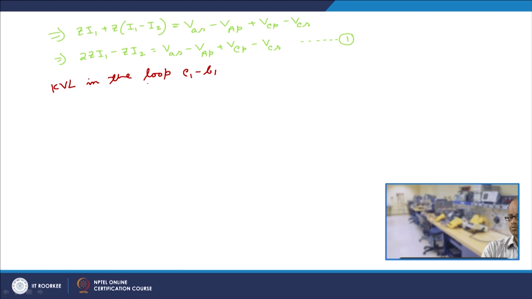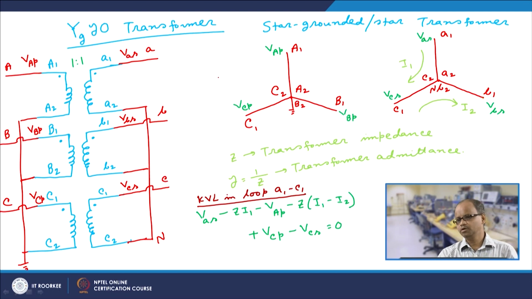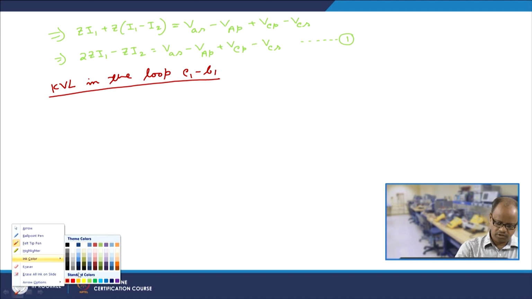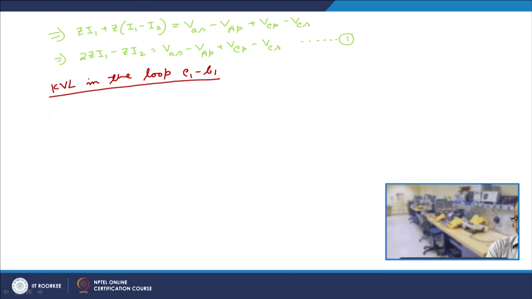When I write down the KVL in the loop C1 B1, we start from this point and reach this point. When we start at this point, my first voltage is VCS.